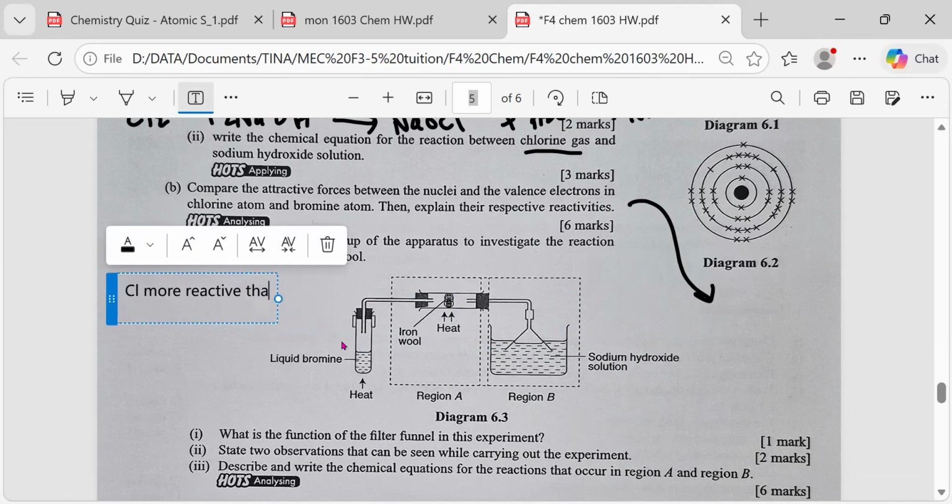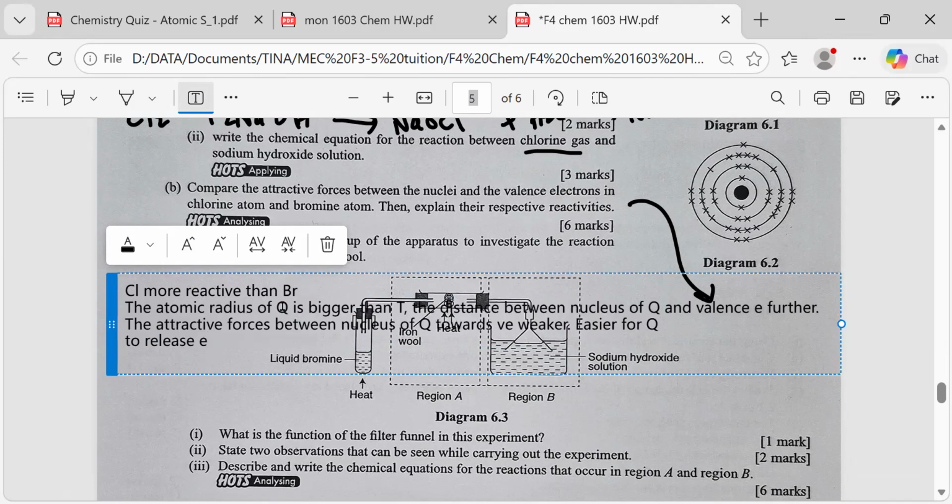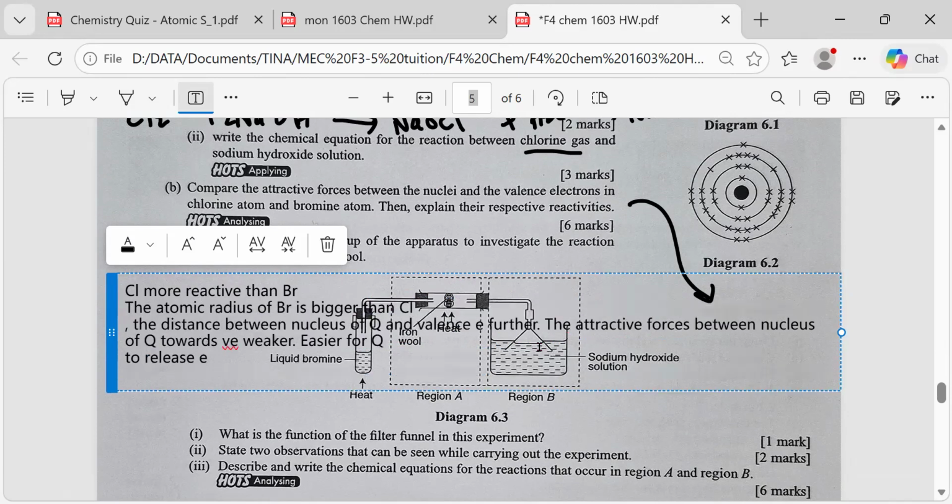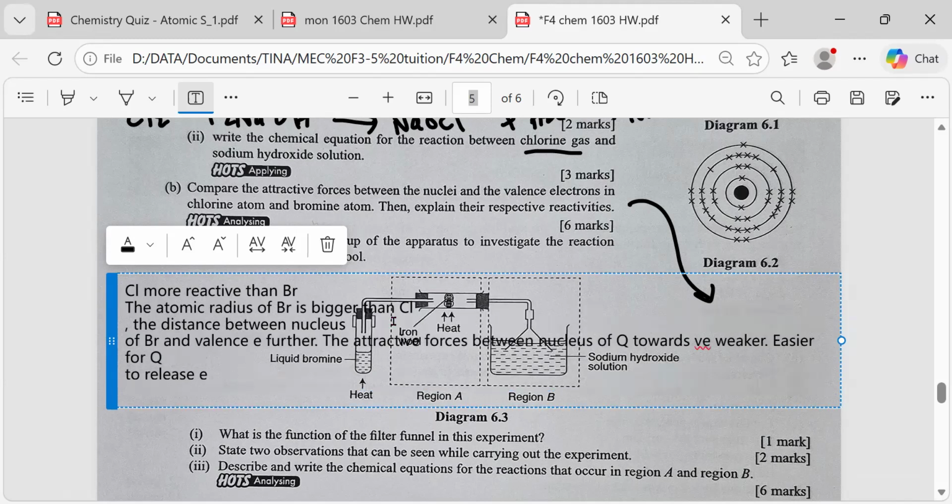Chlorine is more reactive than bromine. So how do you change? The atomic radius of bromine is bigger than chlorine. The distance between the nucleus of bromine and valence electron is further.